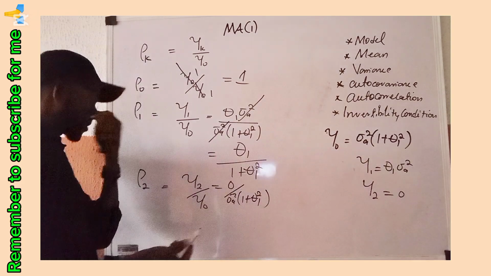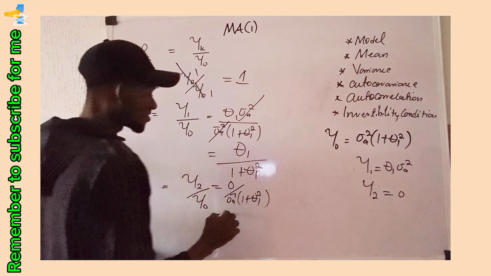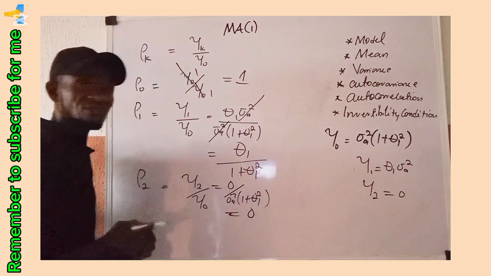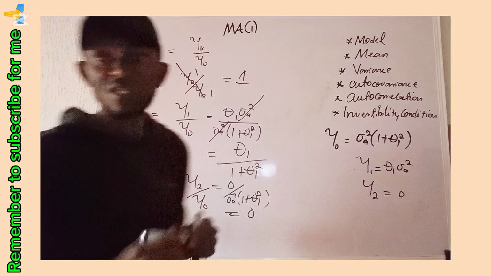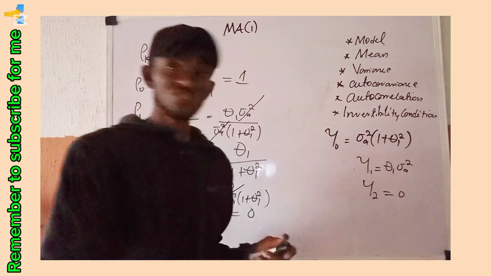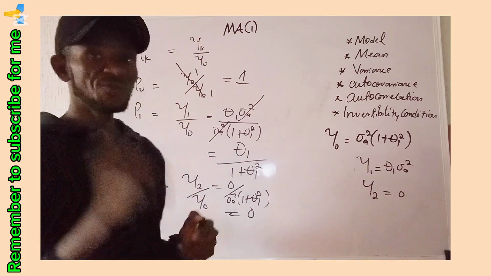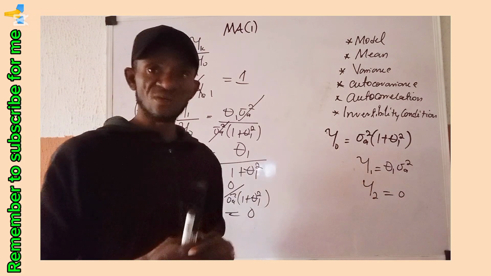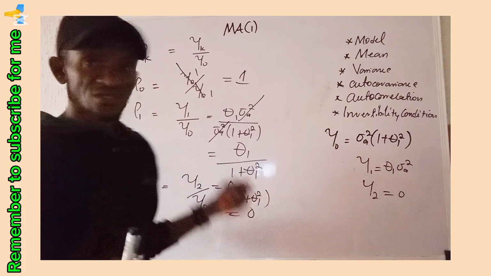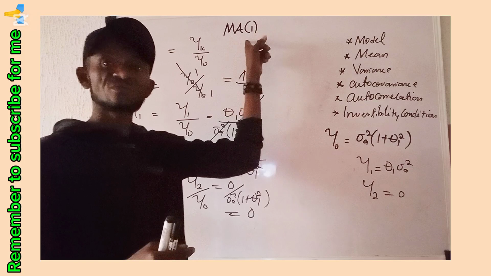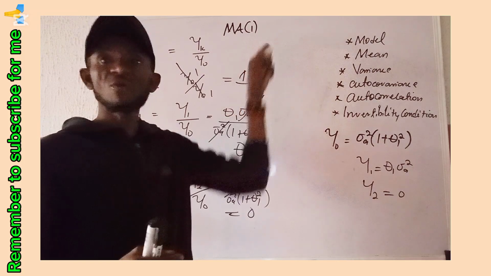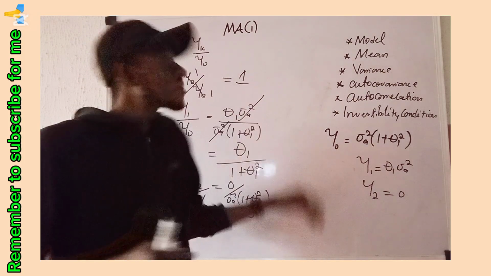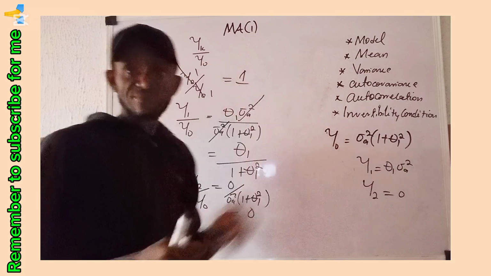And as long as 0 is the numerator, everything reduces to 0. So which means even the autocorrelation, once the lag goes beyond the order of the model, they all become 0. And people say that the autocorrelation function of MA of order 1 cuts off after order 1.